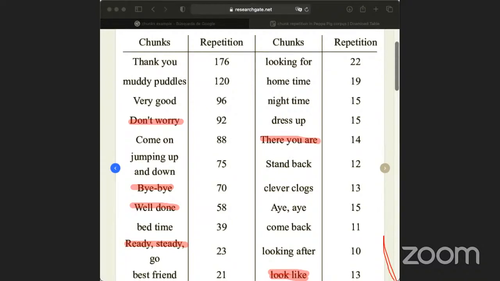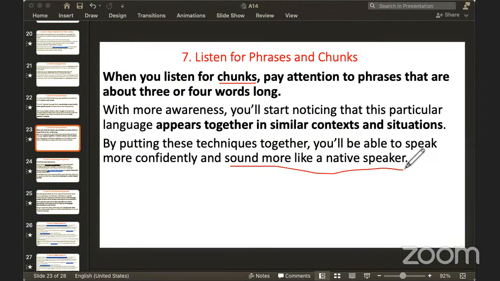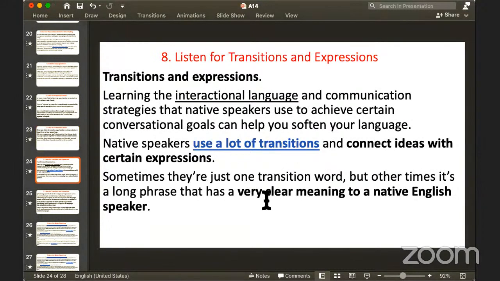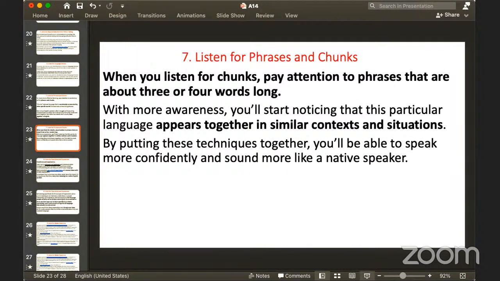So any questions here, Flor? No, teacher. All right. So basically, repeating these chunks is going to make us sound more like a native speaker because they use them all the time, right? And it's the same in Spanish. We also have some chunks that we use a lot, and that's all right.